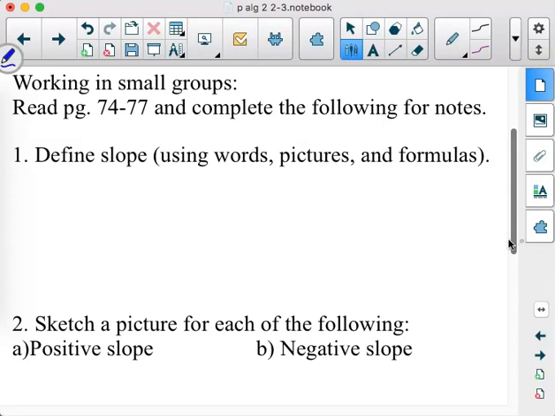Define slope. Words, pictures, formula. What do you remember about slope? Anything that you remember from what you've learned in the past. Y equals mx plus b. That's usually the first thing that pops into everybody's head. That's called slope-intercept form. We use that a lot.